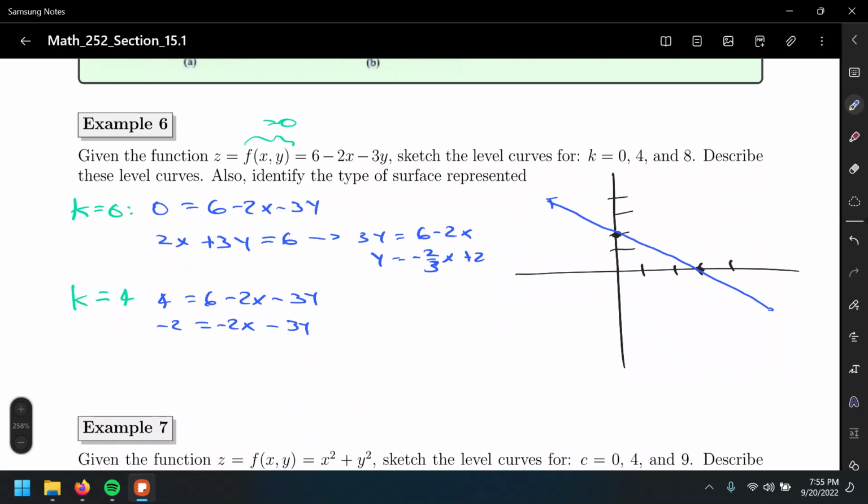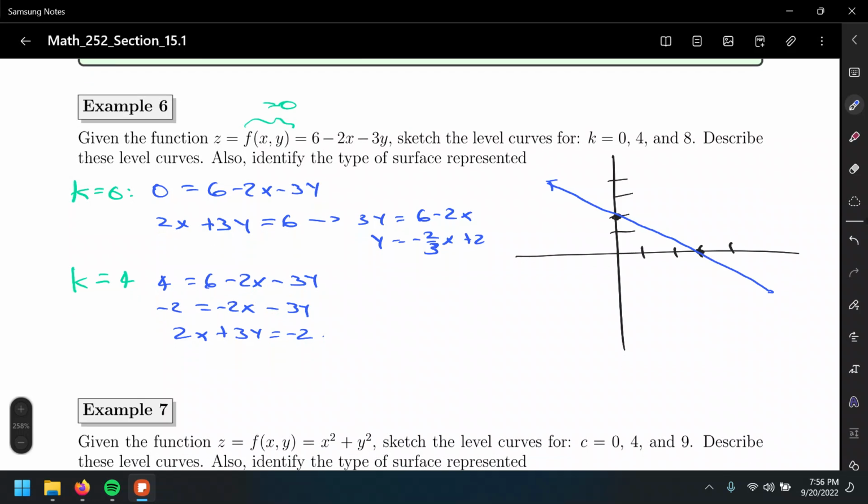In this case, you might want to change the signs of everything. That should give us 2x plus 3y equals negative 2. Did I make a silly mistake here? Looks like I did. Never mind, that's fine.